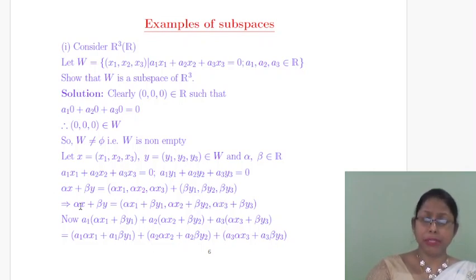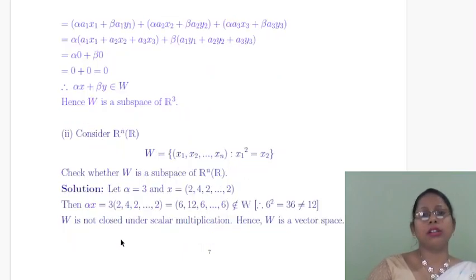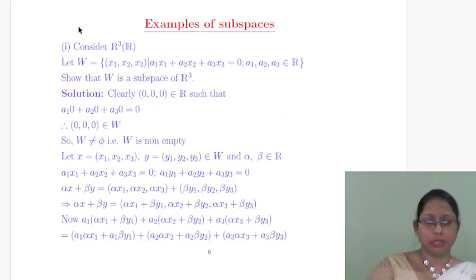Then using the properties of vector space, I am getting a1 alpha x1 plus a1 beta y1 plus the remaining two elements in the bracket, obtained like the first element. In the next step, we can rearrange the terms. Here it is a1 alpha x1.